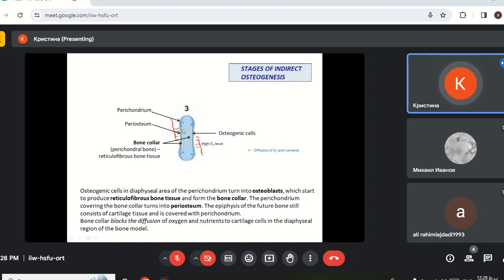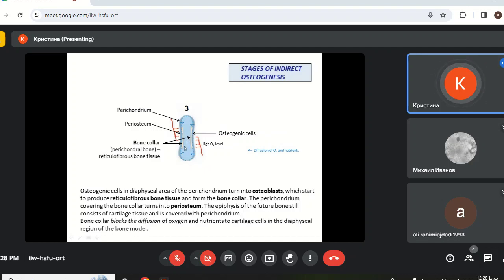And this bone surrounds the future bone in the area of the diaphysis, and it is called perichondral bone. Peri means surrounding, chondral means cartilage. So the bone collar surrounds our future bone.